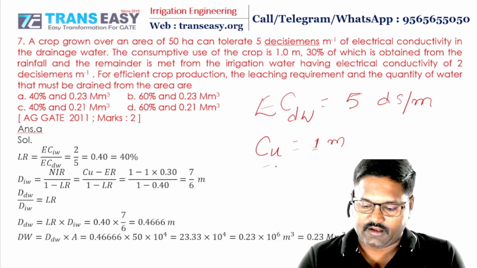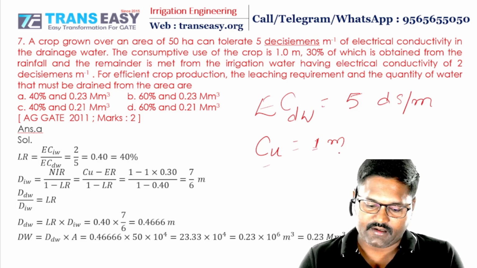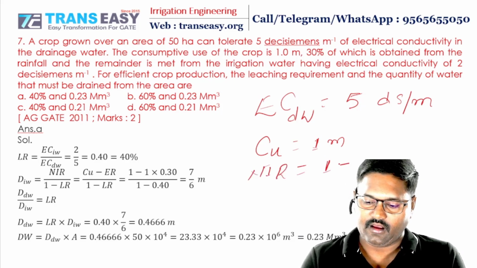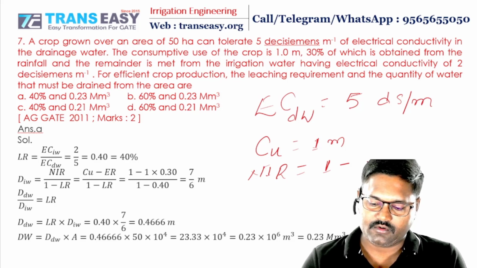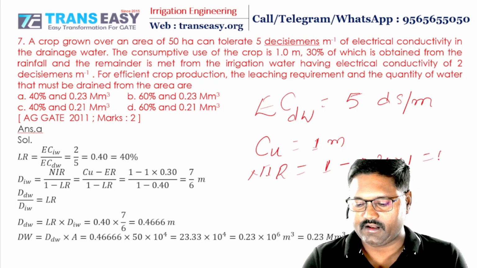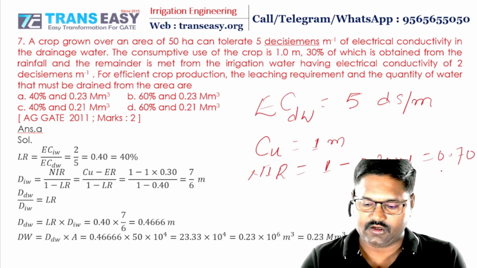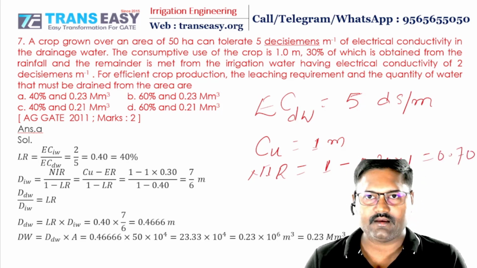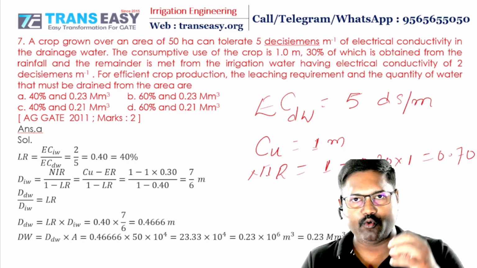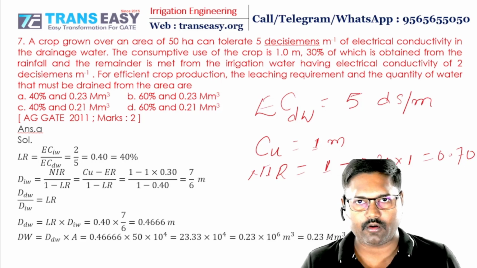So consumptive use is 1 meter, and 30% of 1 meter is coming from rainfall. So for net irrigation requirement, 30% is coming from rainfall, 0.30 into 1, so 0.70 meter is actually coming from water stored in the pores of the soil in the root zone.